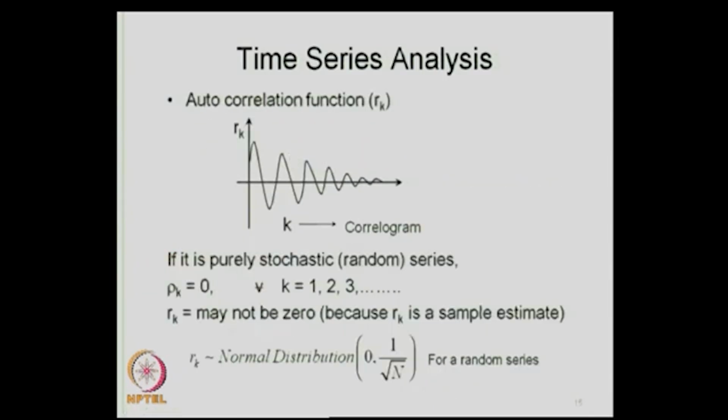Therefore, rho k must be equal to 0 for all k. But R k we have estimated from a sample, so R k may not be 0, although we may determine it from a purely stochastic series. The estimated values of R k may not be 0.